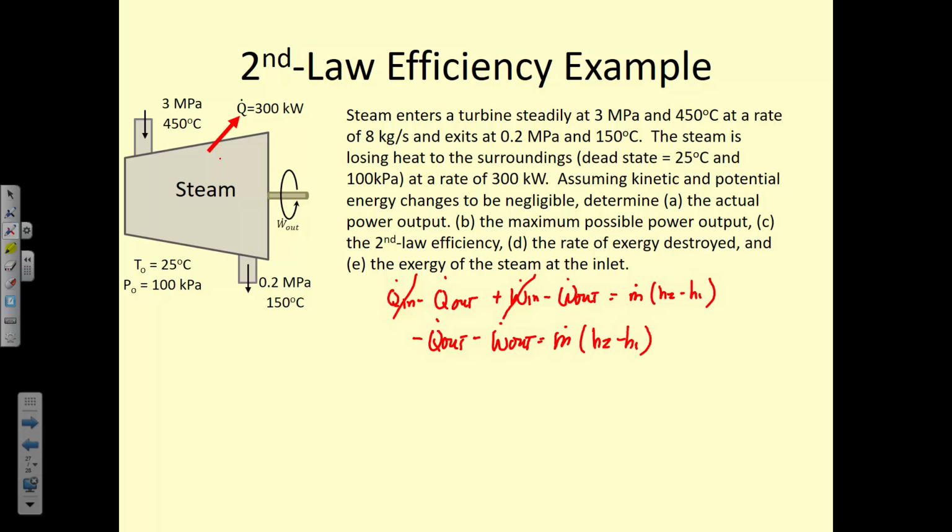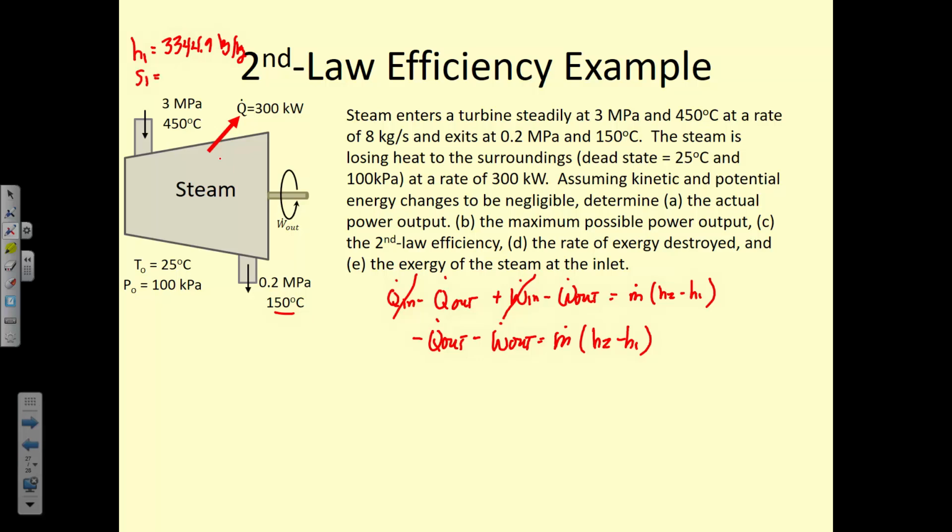And if we go to our property tables, it's fairly easy for us to look up all of these values. At state 1, 3 megapascals and 450 degrees Celsius, we have a superheated vapor. And at 0.2 megapascals and 150 degrees Celsius, when we come out, it's also still a superheated vapor. So we don't even have to calculate quality, which is kind of nice. So we find H1 is 3344.9 kilojoules per kilogram.